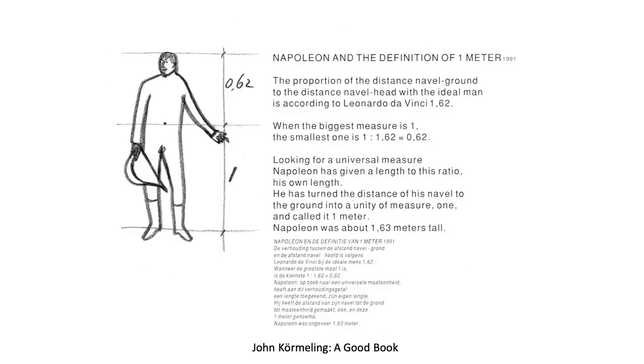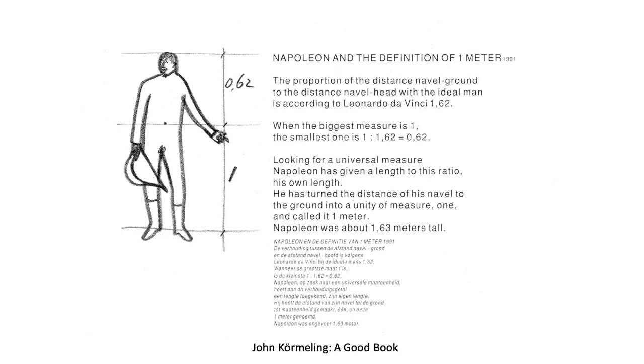And John Kermeling speculates that Napoleon, being the French emperor or maybe the emperor of the whole world, took his own body as, let's say, the measure of all things. So the height of his navel above the ground should be the unit of measurement everybody should use.